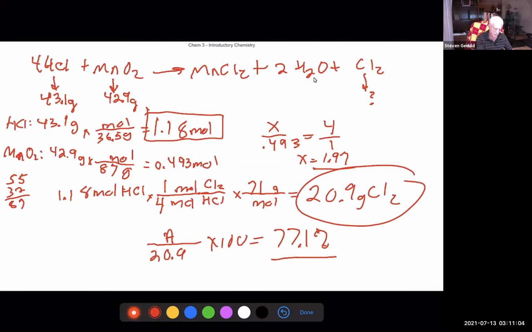The percent yield was 77.1 they gave you. Your actual yield we don't know, but we know your theoretical yield is 20.9. So let's solve for A.